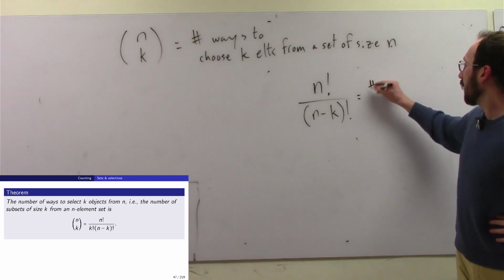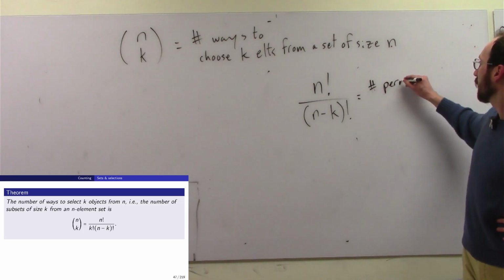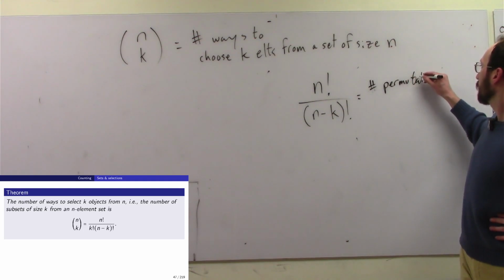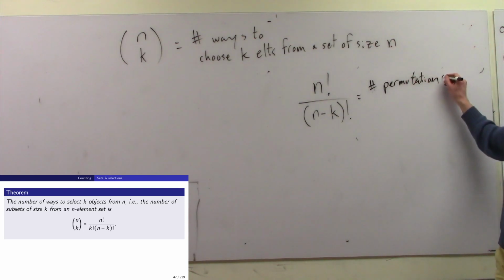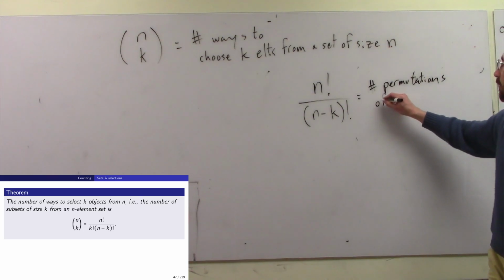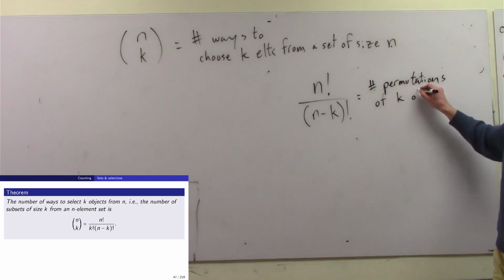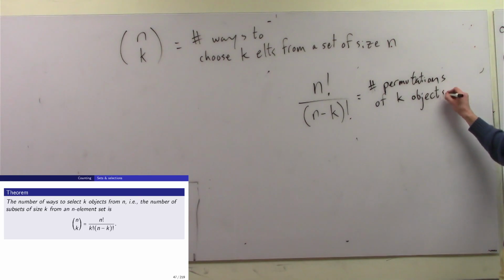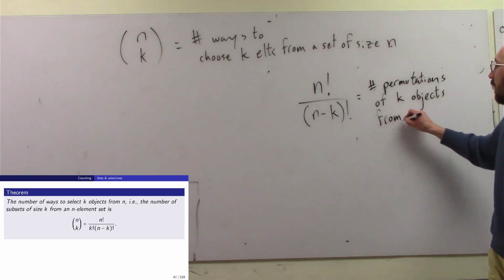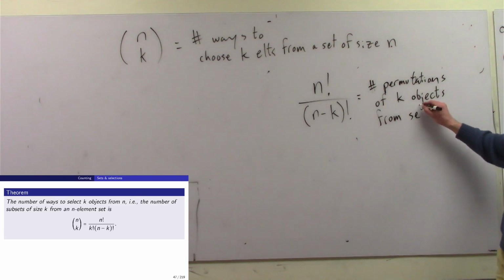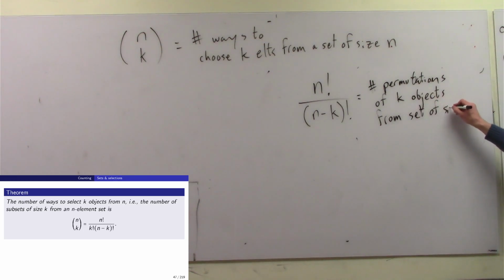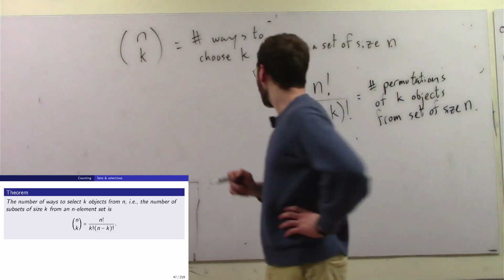This is our number of permutations of k objects from a set of size n.